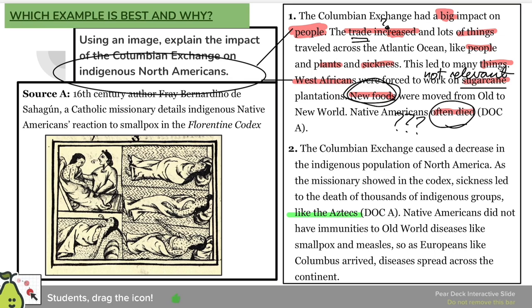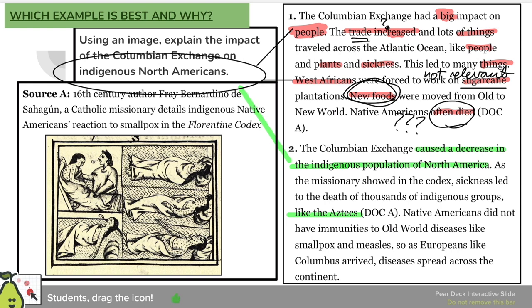So really, I would be reaching just to give them the outside SFI point on this because it's not really relevant to the document that they're using or to the question that's being asked, which was indigenous North Americans, not Africa.